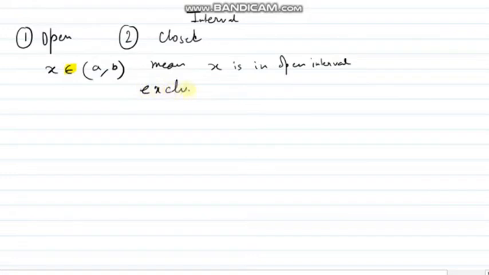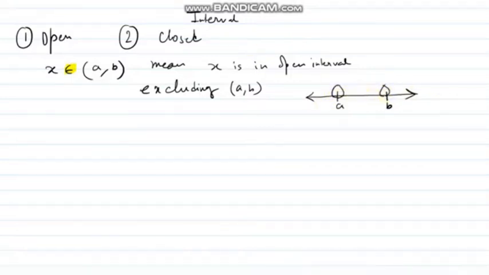If I want to represent this on a number line, if this is your a and this is your b, open interval means this region. x can take any value in between a and b, but excluding a and b.